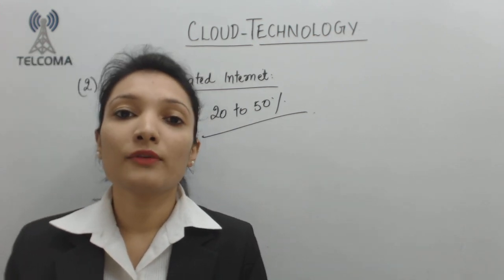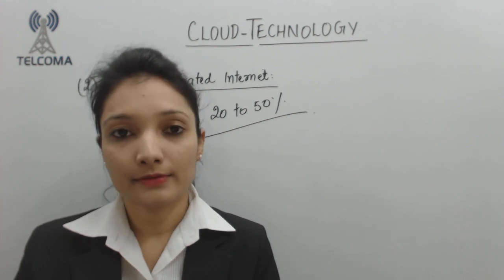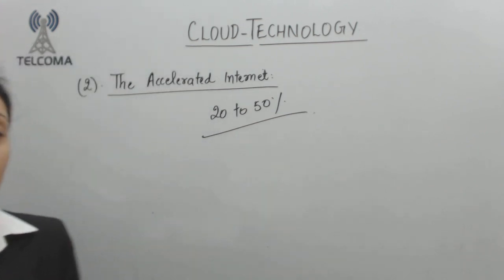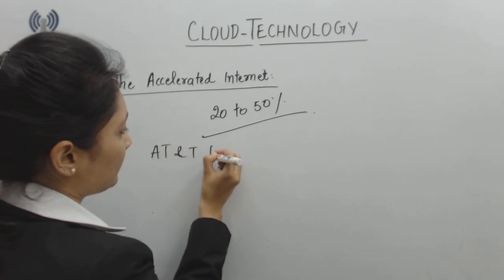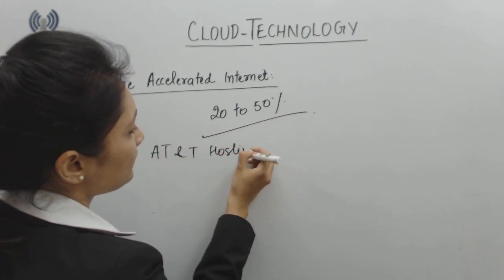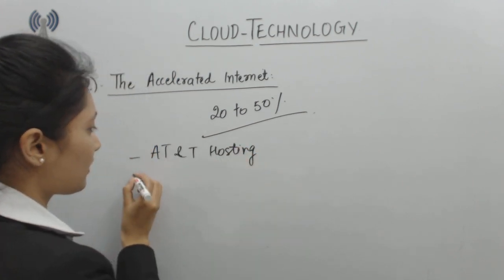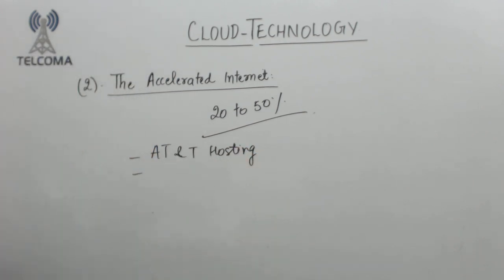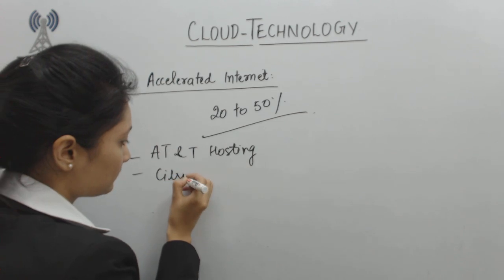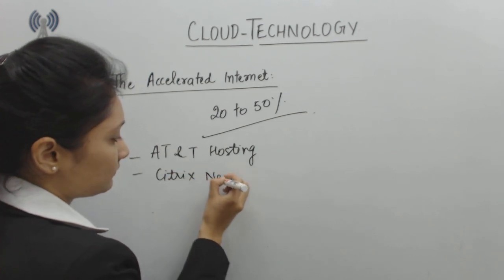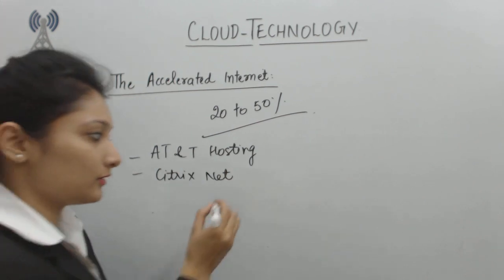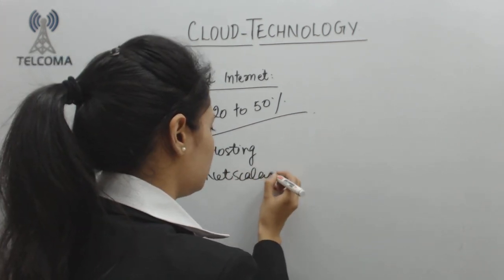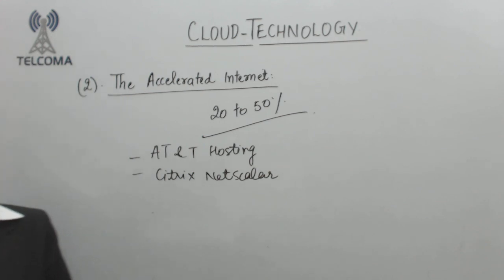With the help of this accelerated internet they are deploying their services, like AT&T hosting. These companies are providing the services, like Citrix, this Citrix NetScaler, and many more companies like that.